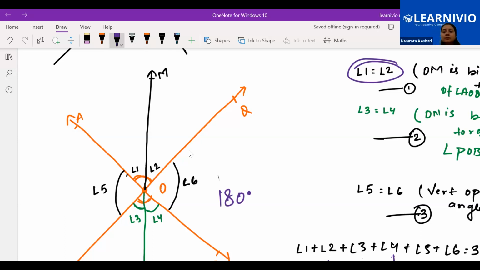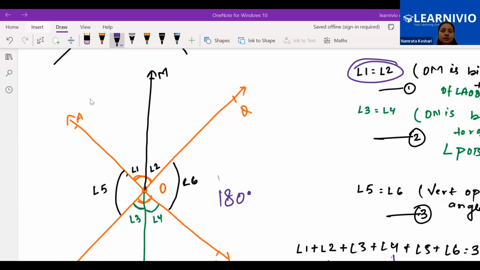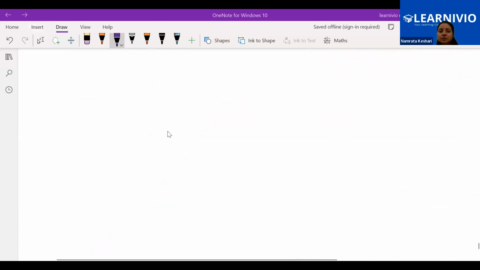Have you noted it down? Okay, let's do the next question. Everyone, have you noted it?